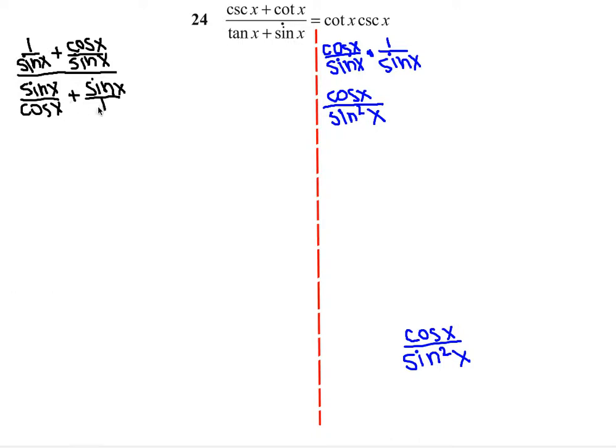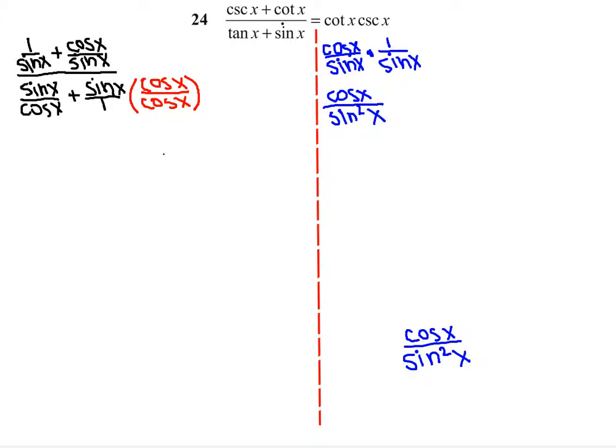Down here we have to do a little bit of work because the denominator here is cos x, so what we're going to do is just multiply this, in a different color, by cos x over cos x. So we're not changing it because we're multiplying by 1, but we're using cos so that we can have a denominator of cos.